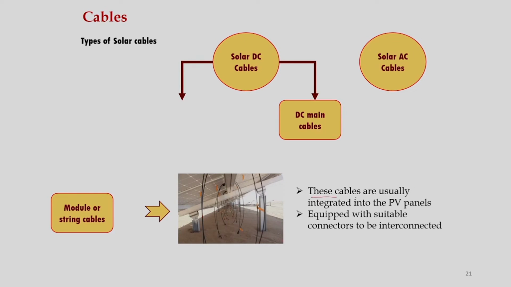These cables are usually integrated into the PV panels, and equipped with suitable connectors to be interconnected. From here to here, maybe this is one panel, this is two panel, so these two are to be connected. By using this cable we can connect these two modules, maybe for series connection, maybe for parallel connection.